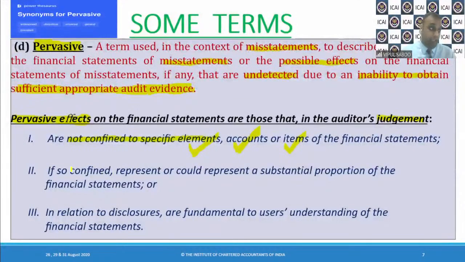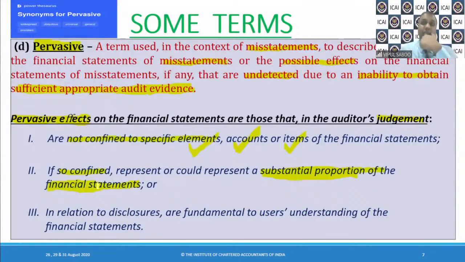If they are so confined, but represent or could represent a substantial portion of the financial statements, such a misstatement is pervasive, or will have a pervasive effect, if it represents a substantial portion of the financial statements, a very important part of the financial statements.